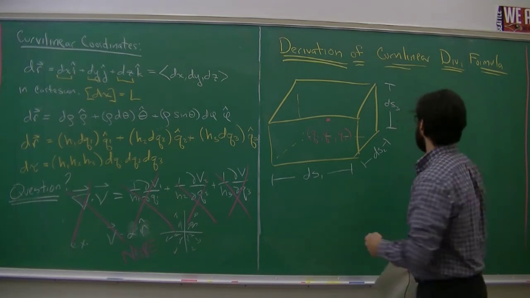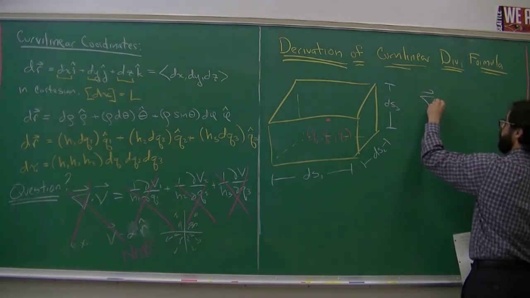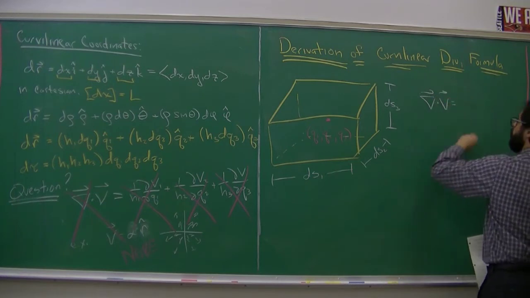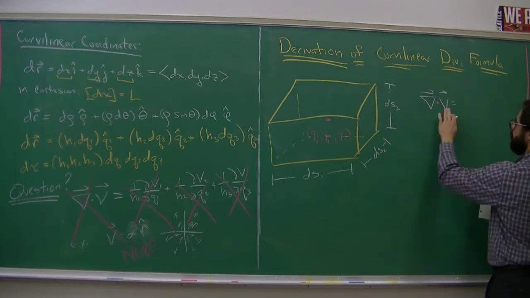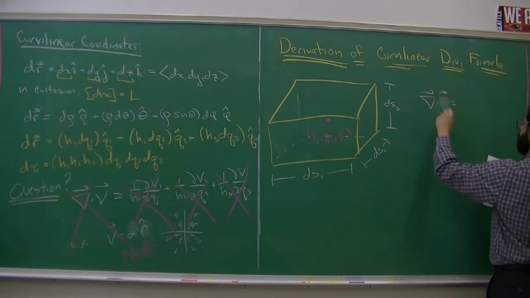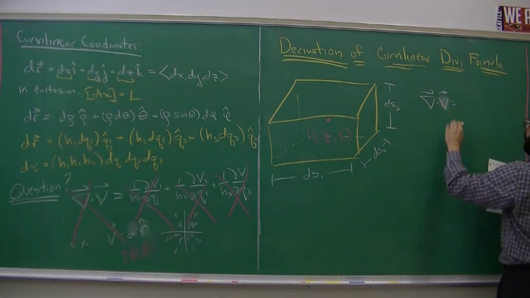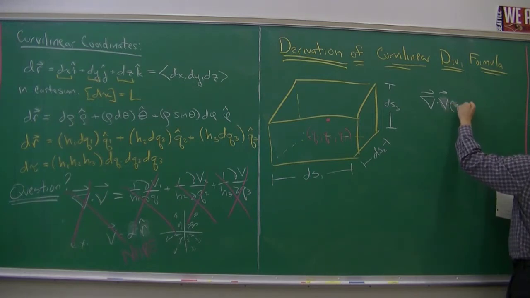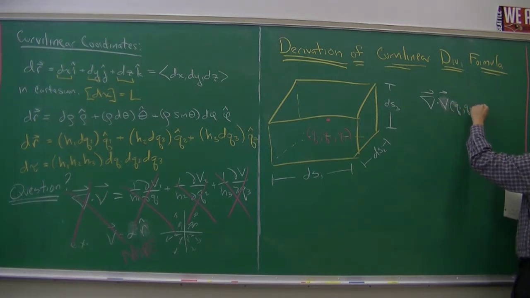So the divergence is given by the following nice coordinate-free formula. Let's use V, and this is evaluated at Q1, Q2, Q3.